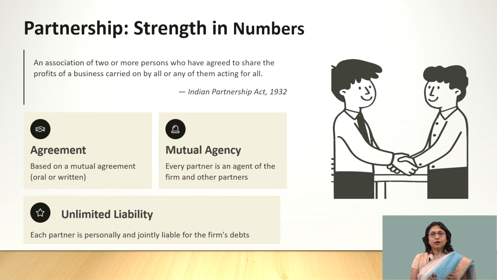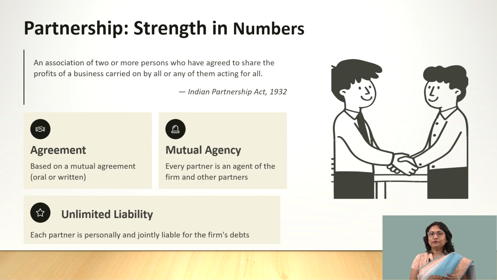So the firm is the organization, and partnership is the relationship between the individuals who are involved in that business. That relationship can be expressed through the profit sharing ratio, or the capital they are contributing, or the time they are devoting for the management, or anything related with their mutual agreement.